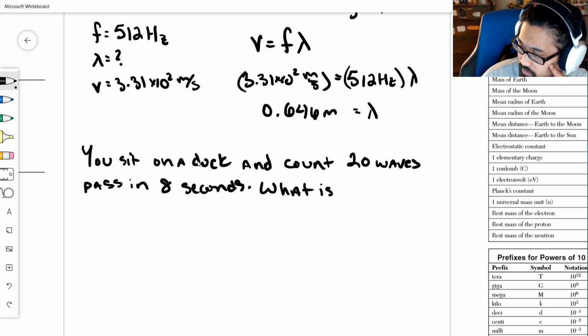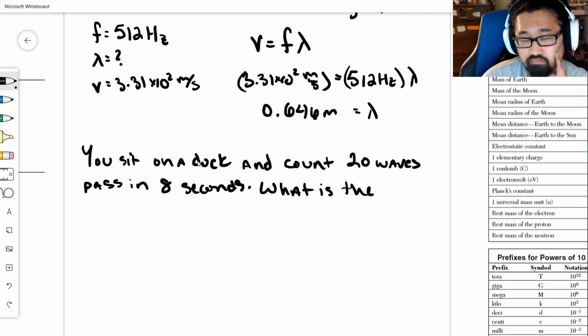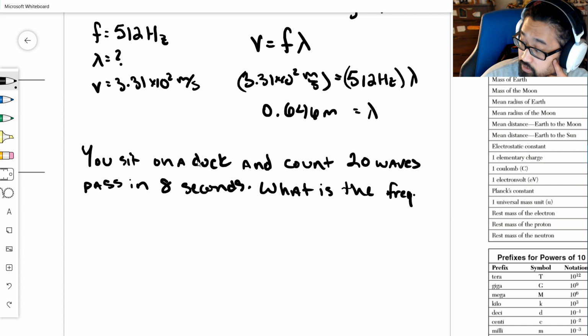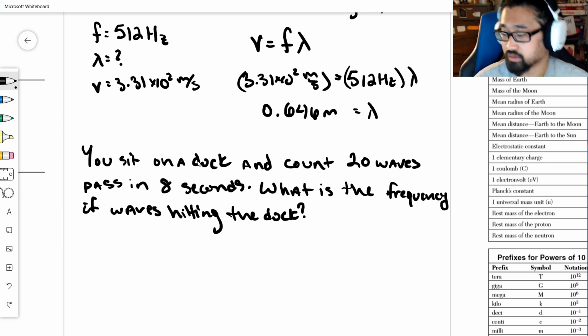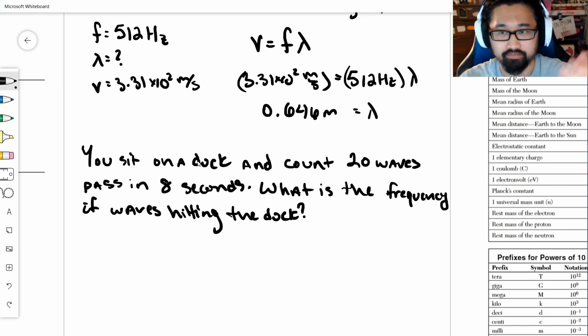What is the frequency of waves hitting the dock? So, again, fairly typical. Sit on a dock, count 20 waves pass in 8 seconds.